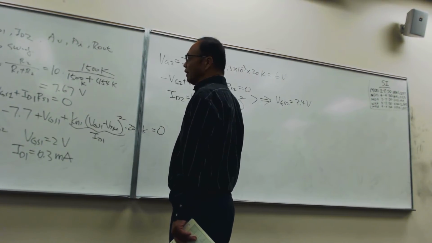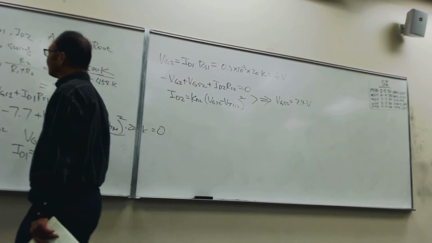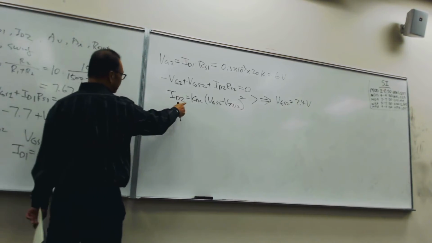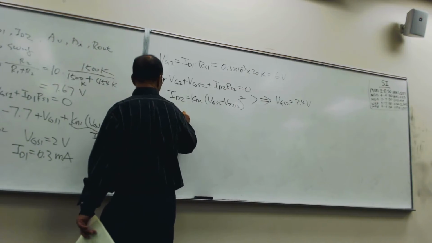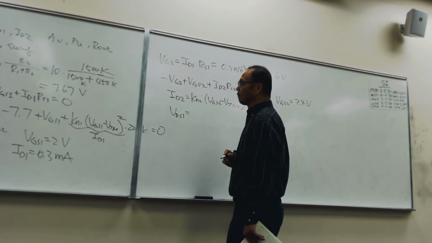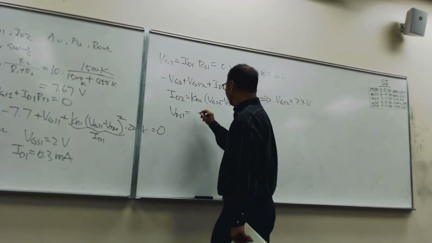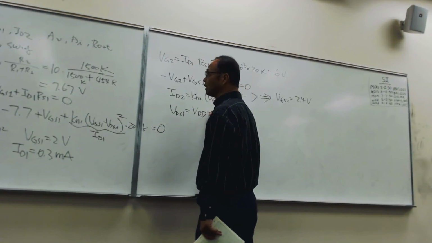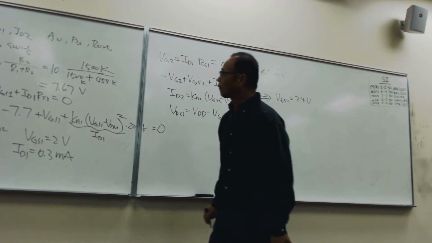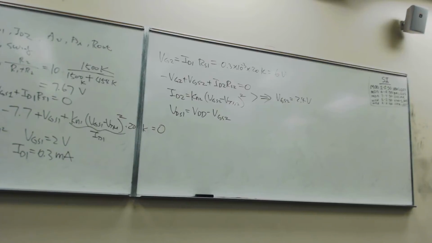We need to go back and verify the assumption where we have assumed that these two devices are in saturation, because you look at the equation we have used. So therefore, what is VDS1? VDS1 is VDD minus VGS2, because this voltage right here to the ground is VGS2. So this is that minus that.